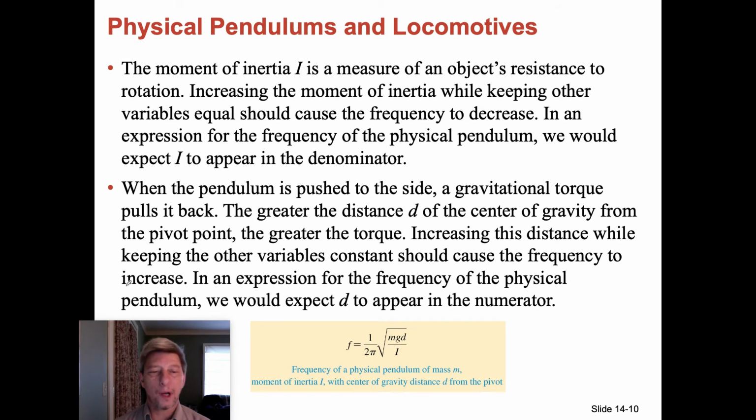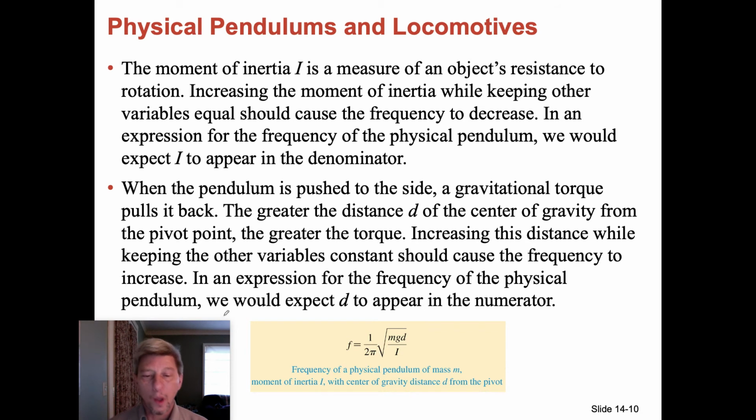So when the pendulum is pushed to the side, a gravitational torque pulls it back, right? The restoring force pulls it back. The greater the distance d of the center of gravity from the pivot point, the greater that torque will be. Increasing this distance while keeping the other variables constant should cause the frequency to increase. In an expression for the frequency of the physical pendulum, we would expect distance to appear in the numerator.